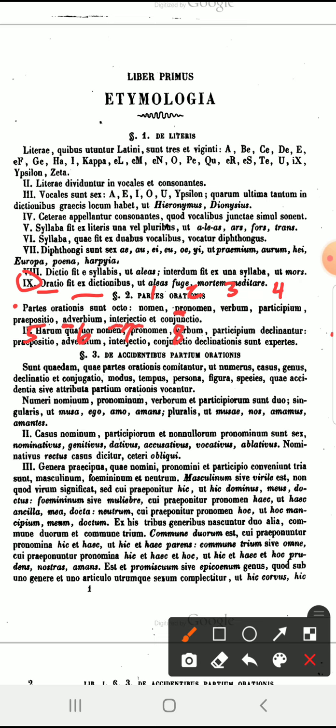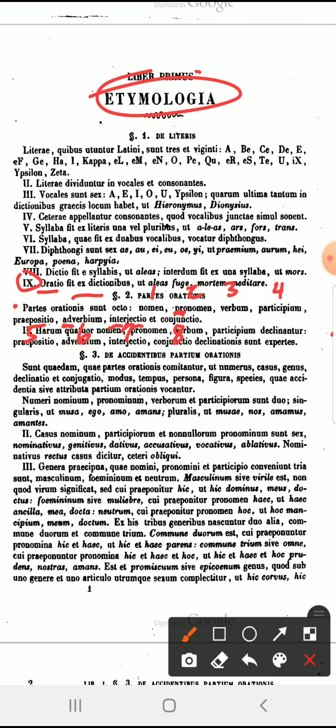Now, this forms for us a table of contents for the rest of Latin Grammar 1. In Latin Grammar 1, we study etymology. Etymology, you can see that word written at the top of the page. Etymology, that's the subject of Latin Grammar 1. Etymology is the study of the parts of speech.